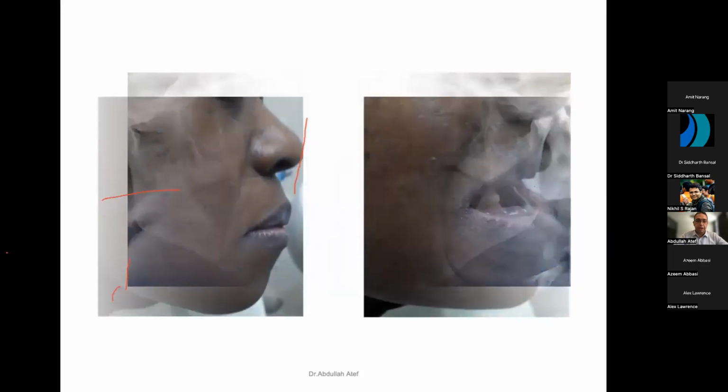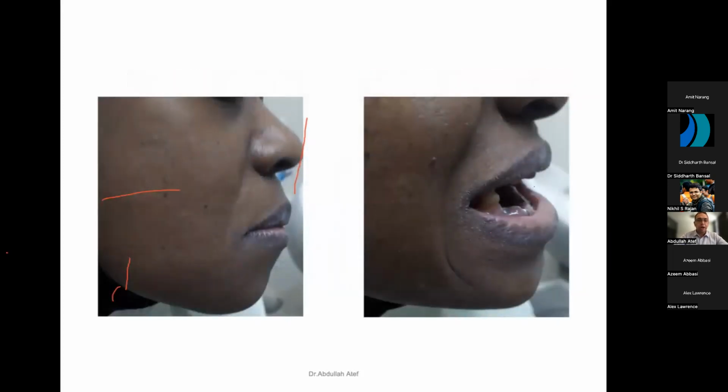You will see in the next slide why I didn't remove the natural teeth. Because how can I get this occlusion? I changed the profile. I changed the relationship. How can I restore the normal comfortable occlusion for the patient, so I remain with the natural teeth.